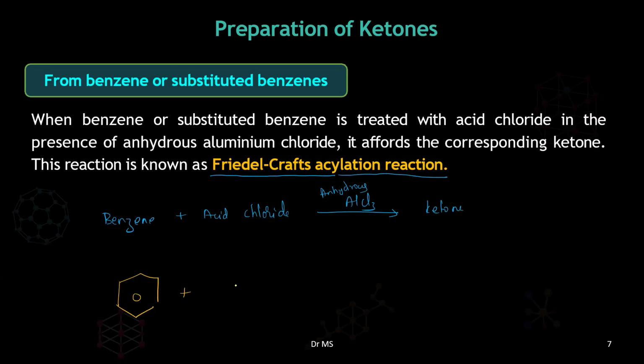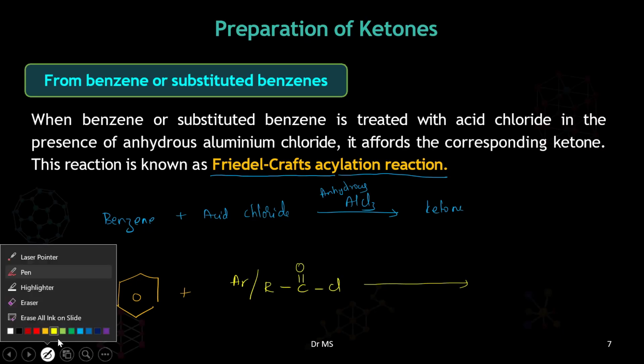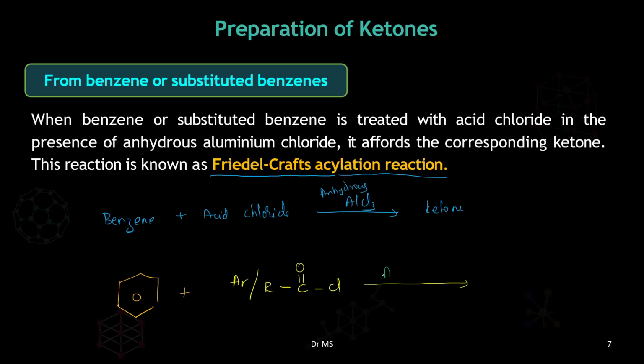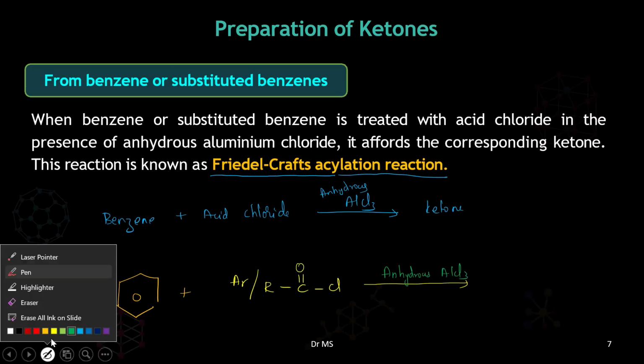It could be aromatic or aliphatic. Ar means aromatic, that means it should be a ring, or it could be a chain that is attached to C double bond O Cl, which is called the acid chloride. In presence of anhydrous AlCl3, it will give a ketone.